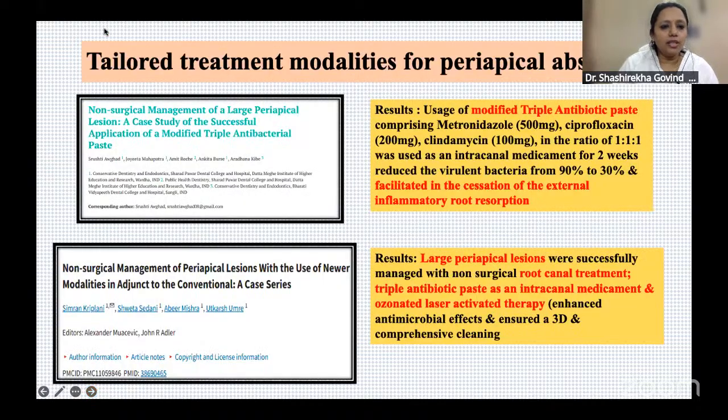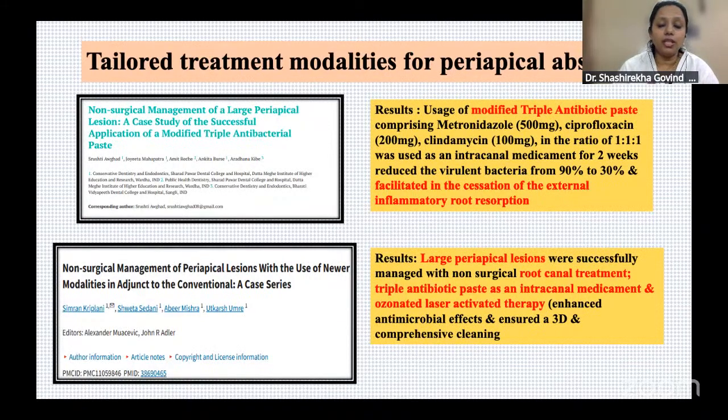So these are a few tailored treatments, and there is evidence showing that if you treat not only the teeth but the swelling also, along with antibiotics, it helps.